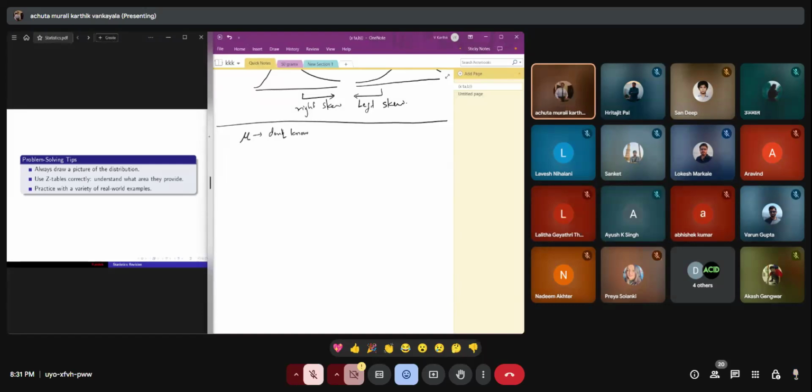This is something you don't know, and you want to find this. What you usually do is you collect a sample and find the mean of that. That is your sample mean.